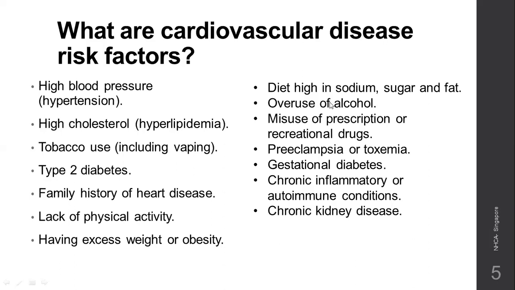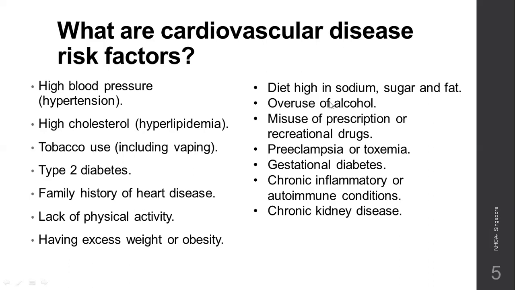Then we have type 2 diabetes. Family history of heart disease, as I mentioned earlier, it's genetic. If you want to know what kind of disease conditions you may suffer from in the future, just look at your parents, look at your grandparents. See what kind of disease conditions they were suffering from or are suffering from. In 90% of the cases, most likely that will be your future as well.